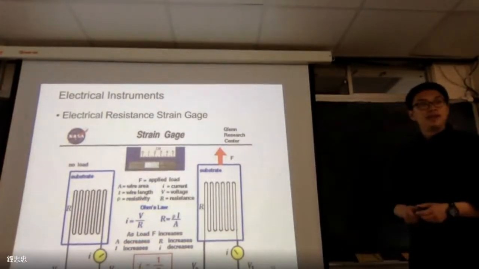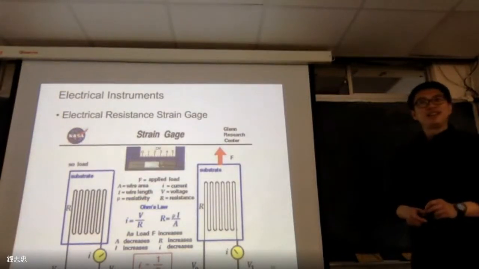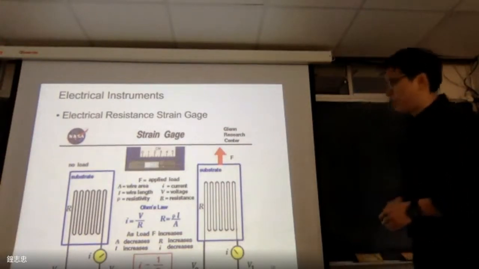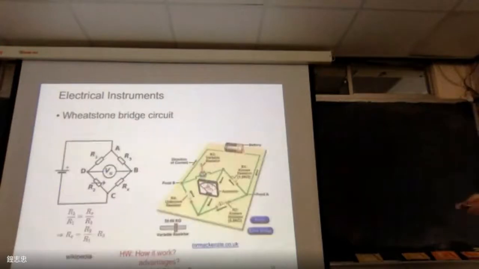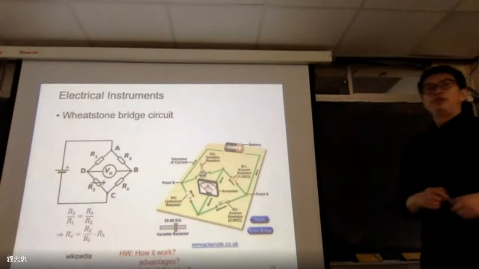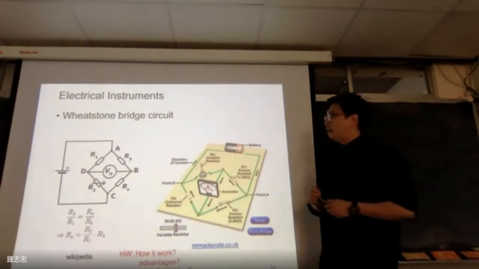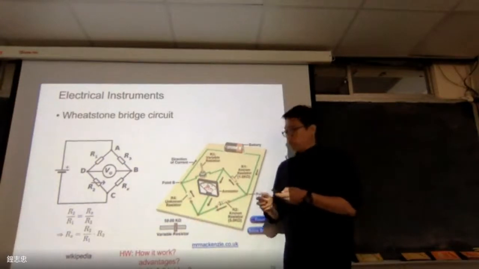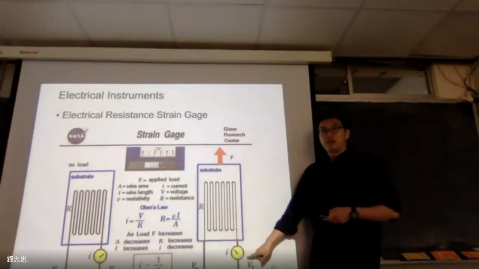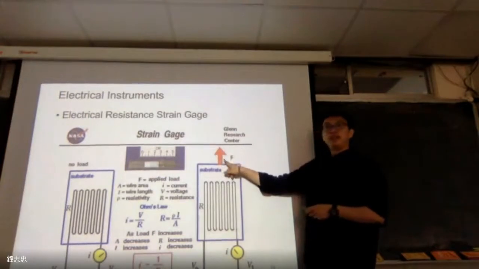Okay, but as I said, it is supposed that this is very basic physical law, so maybe you already know that. Alright. Okay. So from this idea of the strain gauge, right now, we can use this to detect the change of the voltage corresponding to the applied force, right?